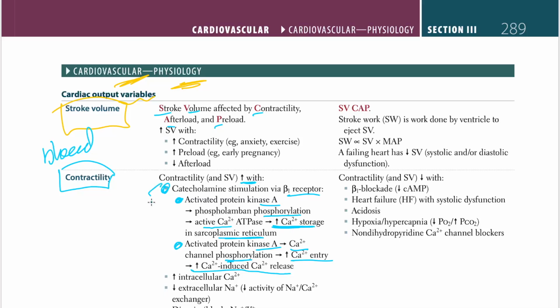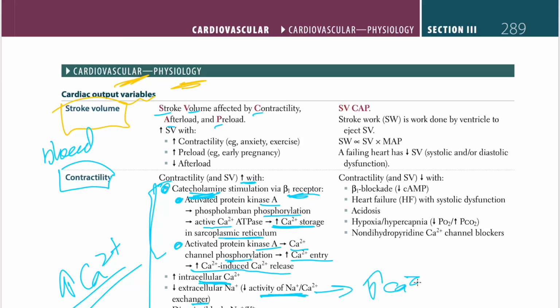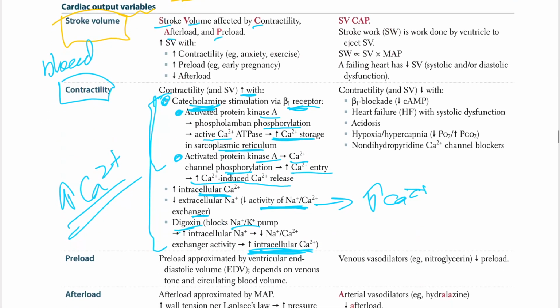So what are we trying to say here? In a nutshell, in all of these factors we're increasing the calcium levels. Either we are stimulating the beta 1 receptor through catecholamines, or we're increasing the intracellular calcium, or we are decreasing the sodium calcium exchanger, so you would have increased calcium intracellularly, or we're giving digoxin, which would stop the sodium potassium pump and indirectly increase your intracellular calcium.